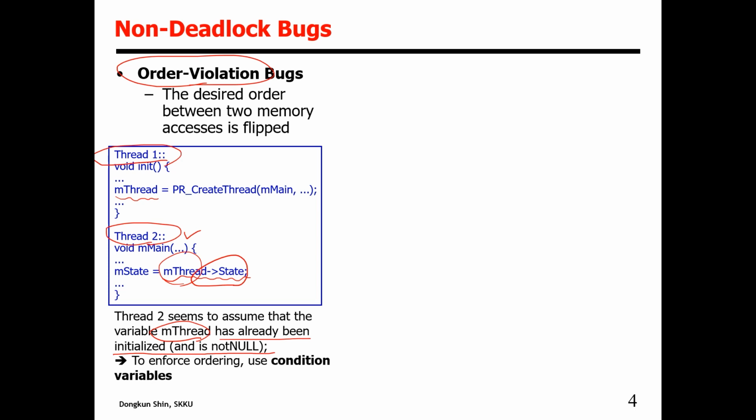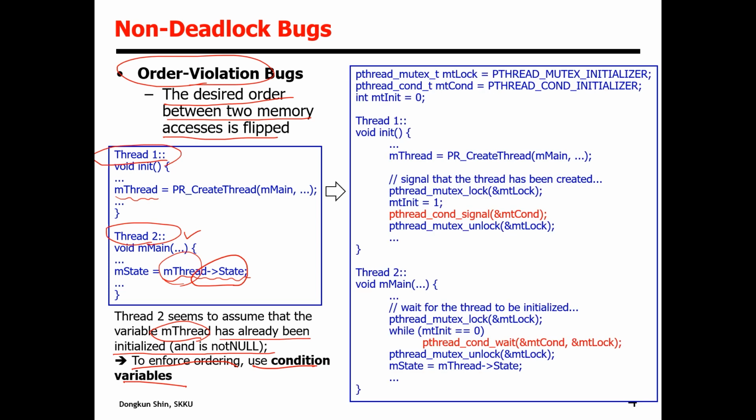The formal definition of an order violation is that the desired order between two memory accesses is flipped. To fix this bug, we must enforce ordering using condition variables. This code is the fixed code. Thread 2 must call the wait function for the condition variable, and this code is protected by lock and unlock.